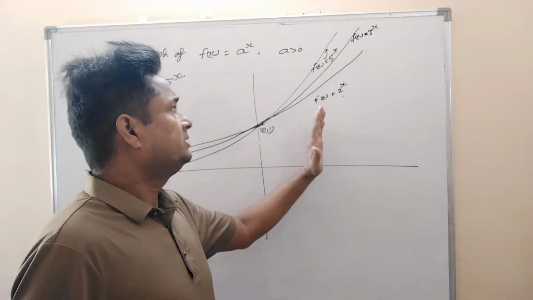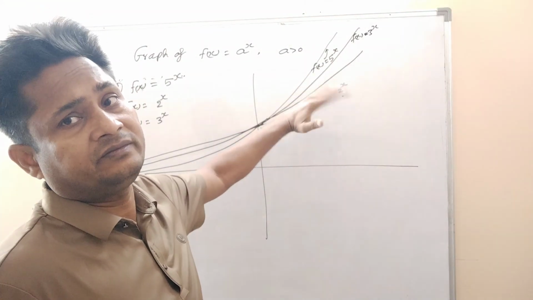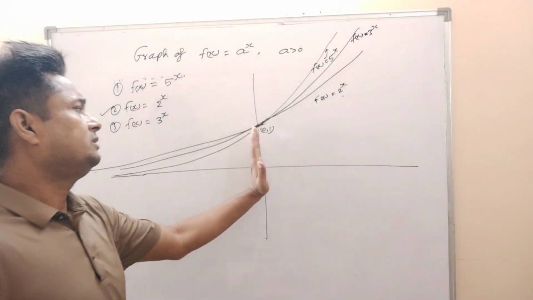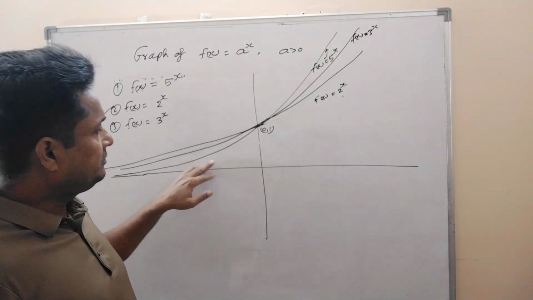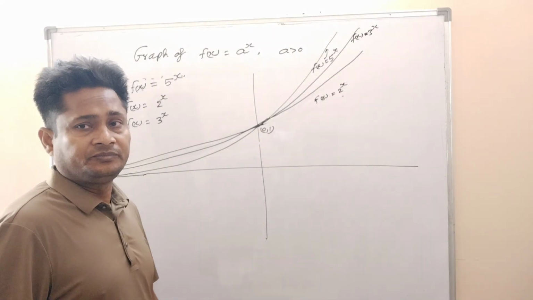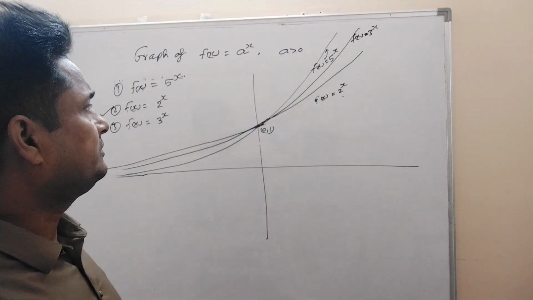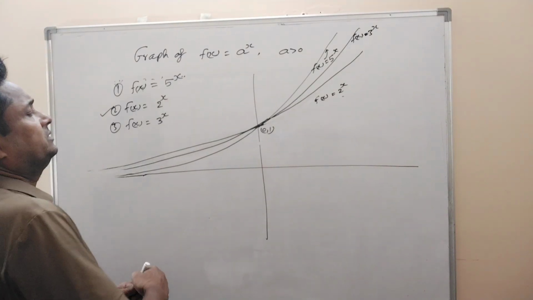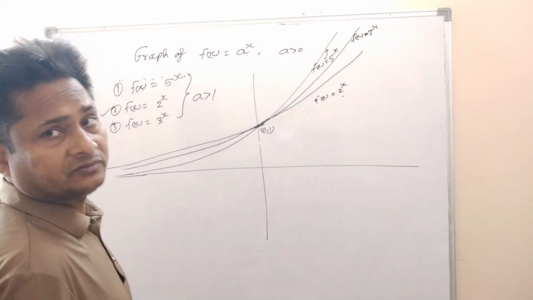For the positive x-axis, a higher value of base gives a graph above that of a lower base. And for negative values of x, the higher base will have the graph lower, and the lesser base will have the graph upper. So this is the graph of a to the power x type, in which the base is greater than 1.